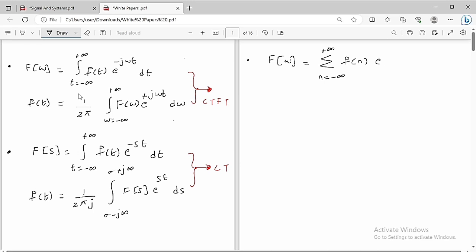As I already told you how to do this: if you want the discrete time Fourier transform, replace integration by sigma and replace t by n, so you are going to get minus j omega n.